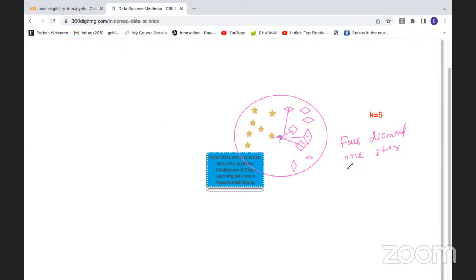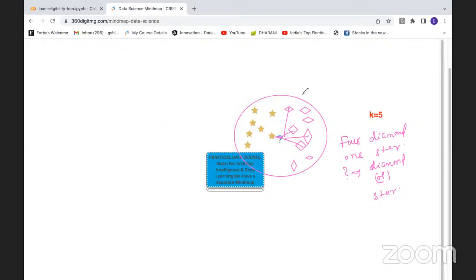Now this question mark is a diamond or a star. Meaning he is a good customer or a bad customer. The transaction is a fraud or not fraud. His loan status is approved or not. Anything you can take, which is a classifier.